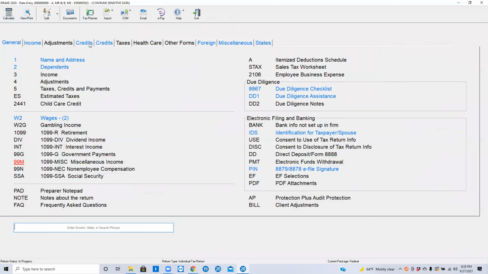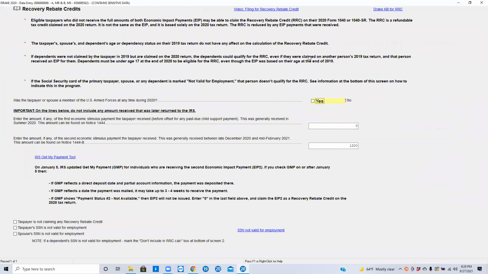Now, in the year 2020, the IRS paid 1,200 to each adult, and then 500 to the kids under 17 years old, if your income also qualified. And then let's say this client, the year before, was making a lot more money, that's why they were not qualified to get the first round.